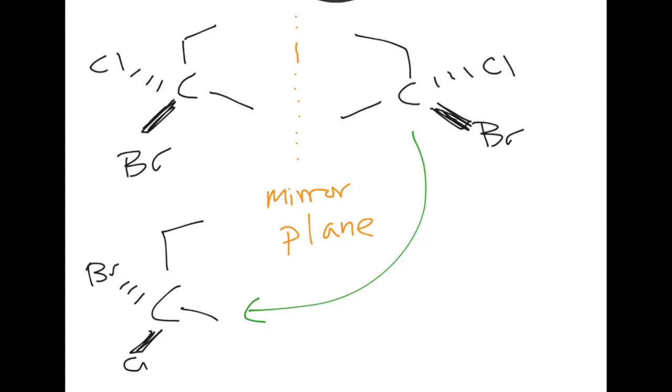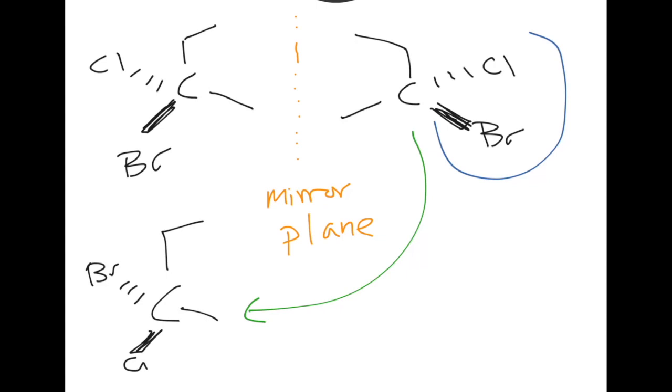Also, real quick, the way that we draw these, we draw our wedges and our dashes, and they kind of go left and right to some degree. That bromine, think of it as straight forward. The chlorine is straight back. So when I say I could just slide them over and they would line up, they don't line up the way they're drawn, but they line up how they physically are.